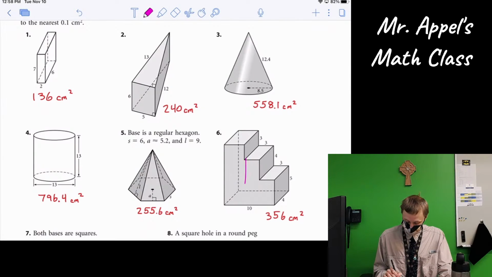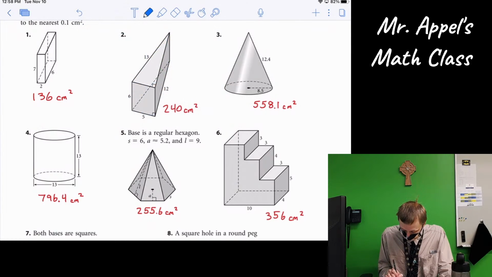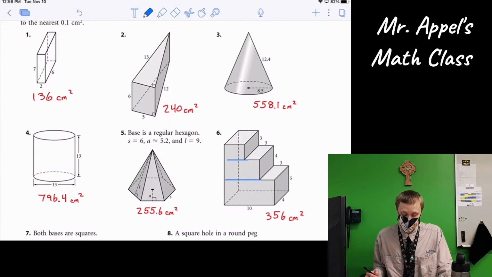You could just slice this into these guys and find the dimensions of those rectangles, or you could go horizontal like I had before. I would probably have gone horizontal, but it doesn't really matter. Just break this up into rectangles. You can find the dimensions of those based on these on the side and add it all up.